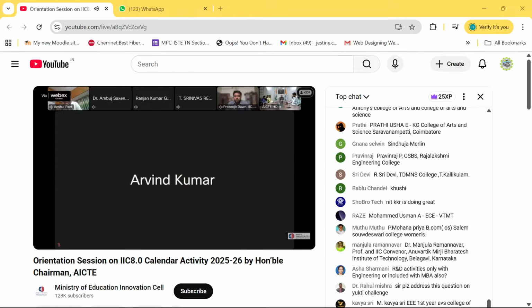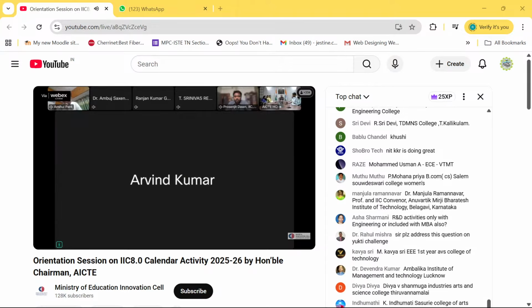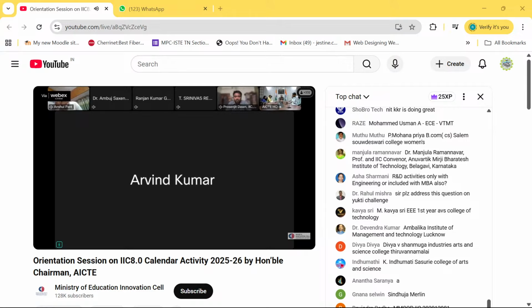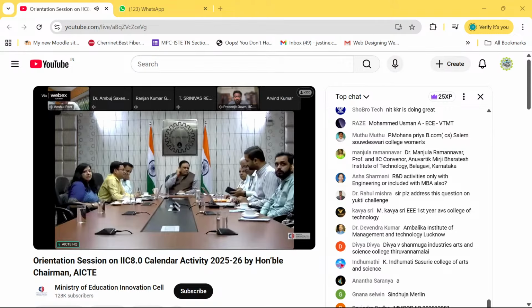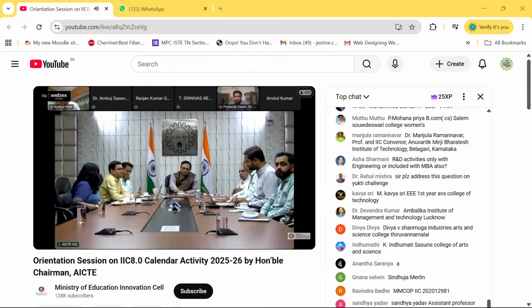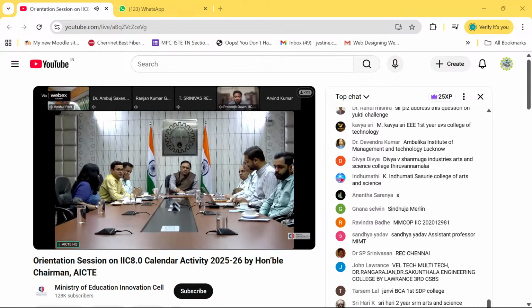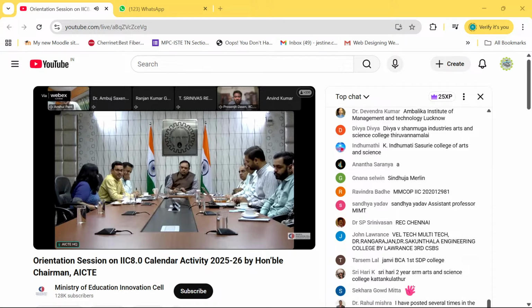Does documenting the report of regular IIC and R&D activities help institutions achieve a higher star rating in the IIC annual evaluation? See, R&D cell activities will also attract some additional points if you perform as we prescribed. Out of 100 total weightage, 10% is allocated for R&D cell activities. But it will start from this year onwards.